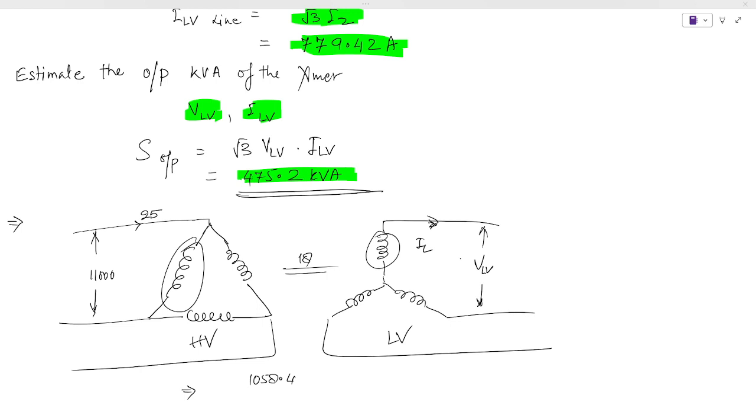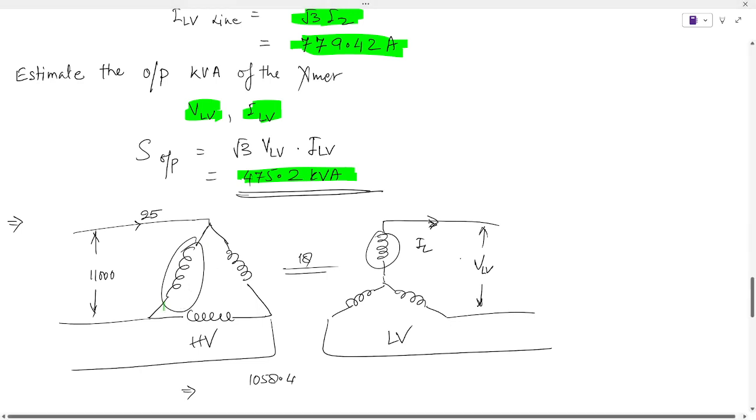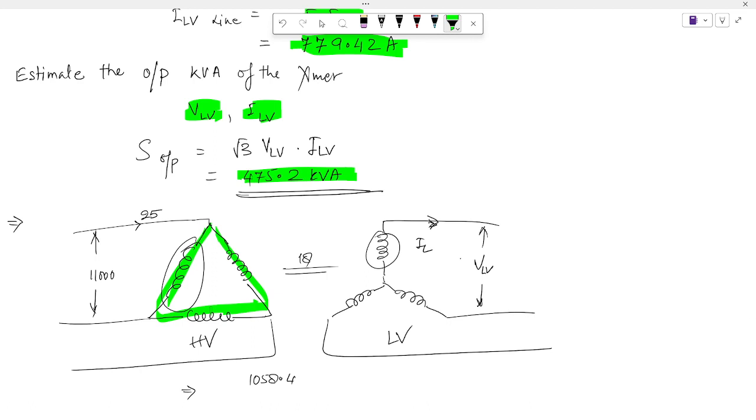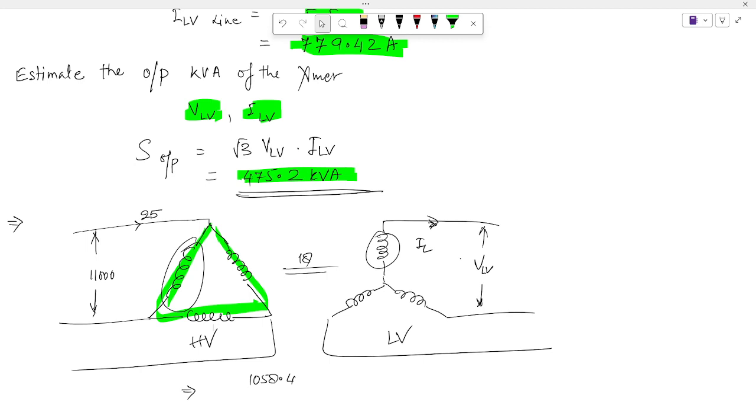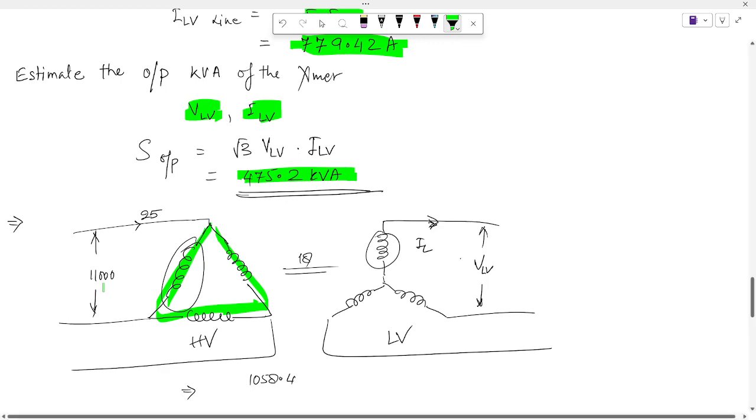With similar conditions, they have given that this transformer is now delta star. Earlier it was star delta. Those similar conditions will apply. So first they have asked the low voltage side line to line voltage. The line to line voltage towards the high voltage side is 11 kV. So apply the same principle, the turns ratio is 18.